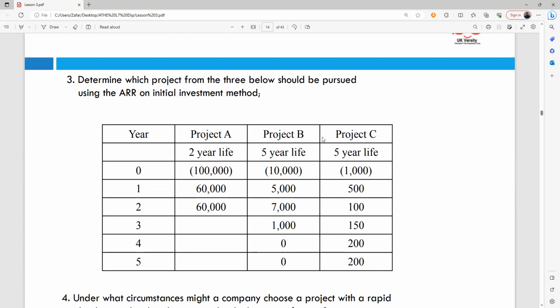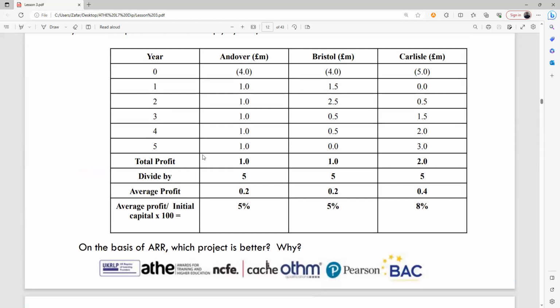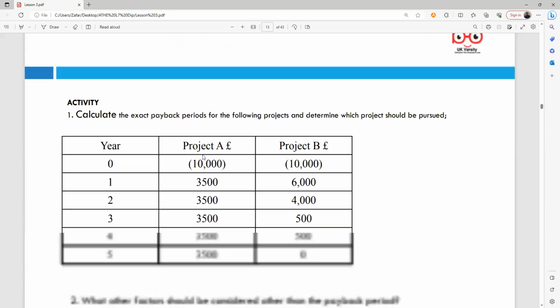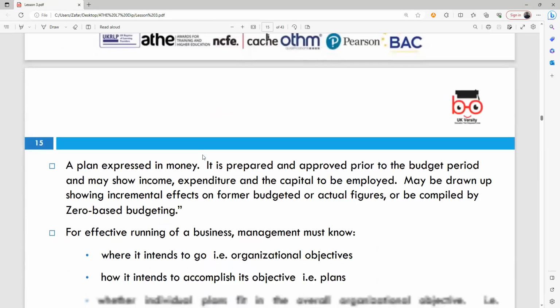So you look at these 3 projects and you tell us which one you're going to go for. So you can compare them and you can work out your ARR using this formula here. So that's your activity. That's number 2 activity.